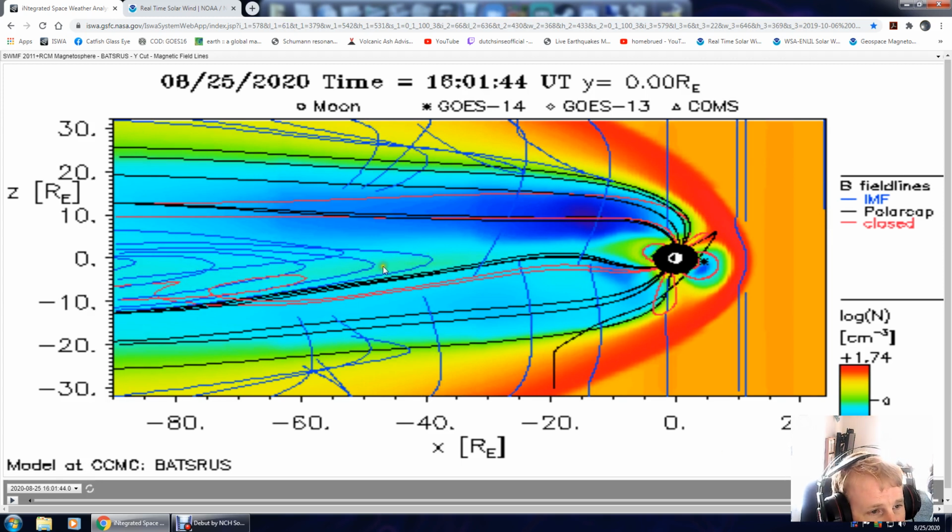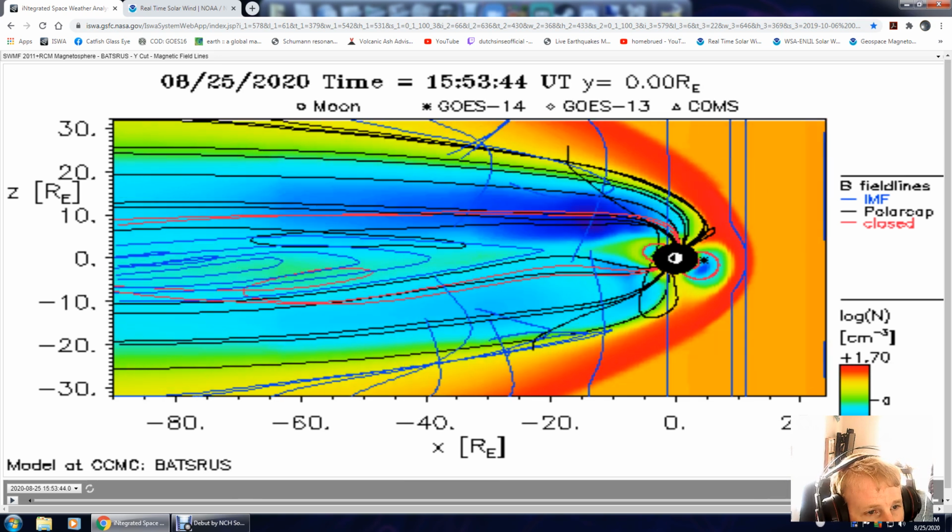So this is a barrier. Energy flows until it hits an energy or a physical barrier. So you'll notice that these closed field lines and polar cap lines, they'll all react to that barrier. It's like wind going over your car. Your car is the physical barrier.